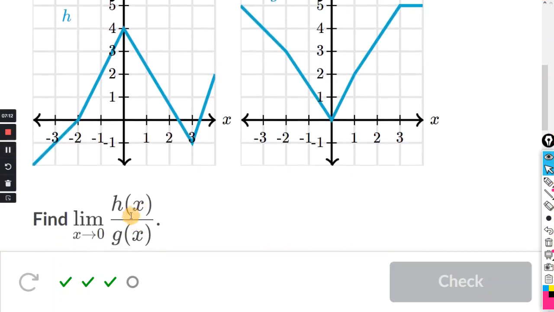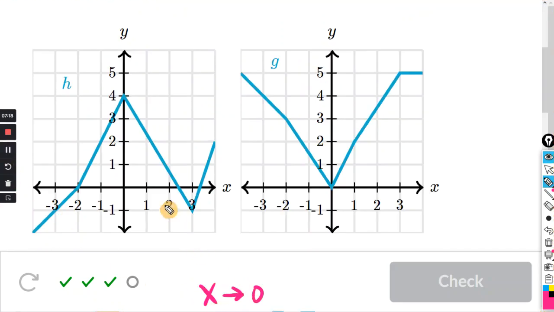All right, h of x over g of x as x approaches 0. Let's check it out. Here's x equals 0. From the negative side, we land on 4.